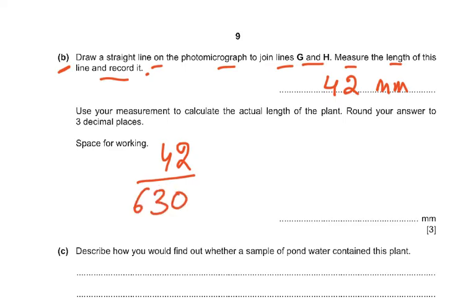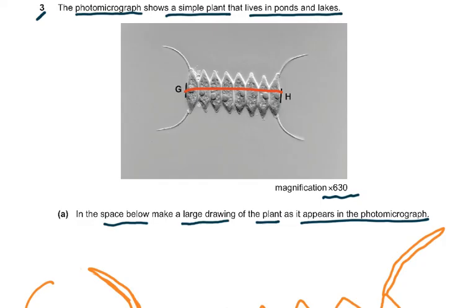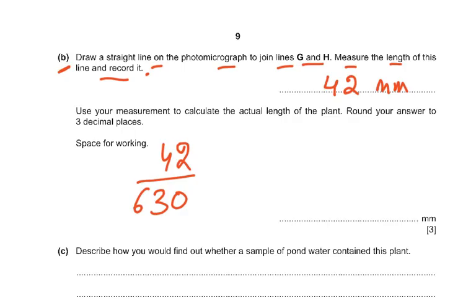Because 630 was the magnification, so you measure that, 42 millimeters, 42 over 630, and this would be 0.067.